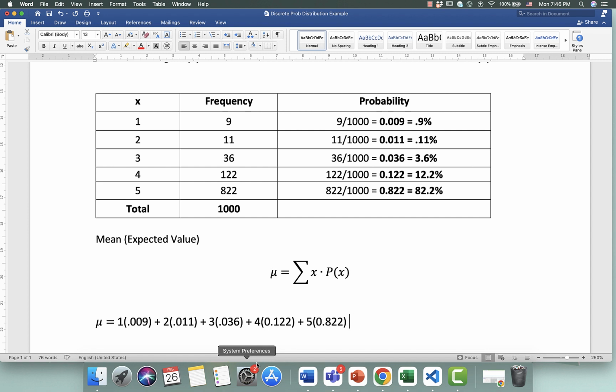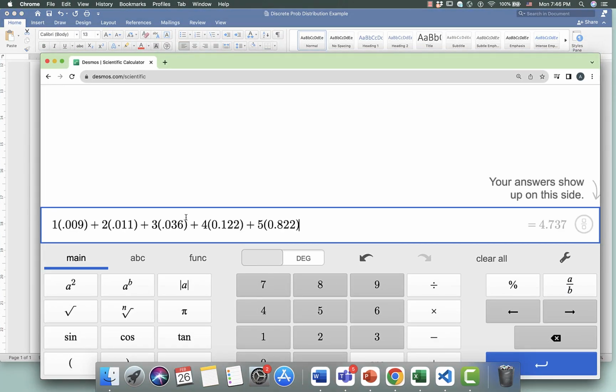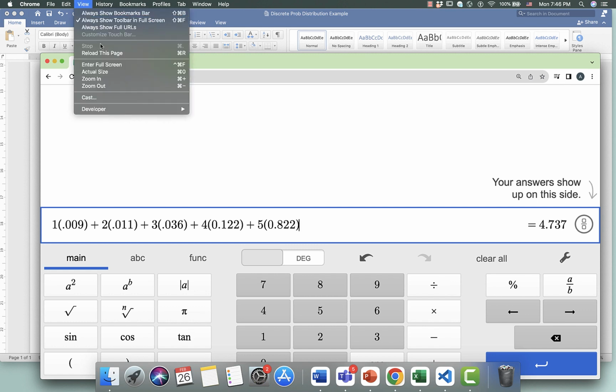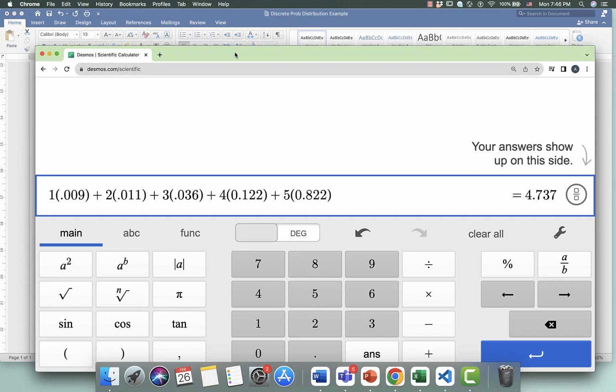So this weighted average using probabilities as weights will give us the mean of this discrete probability distribution. So let's put this in Desmos and see what we get. Desmos is great for doing these types of calculations. And when we plug this into Desmos, the scientific calculator, we get a value of 4.737. So 4.737 is the expected value for this discrete probability distribution.